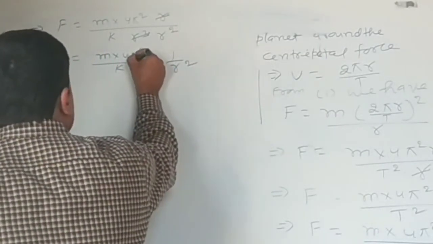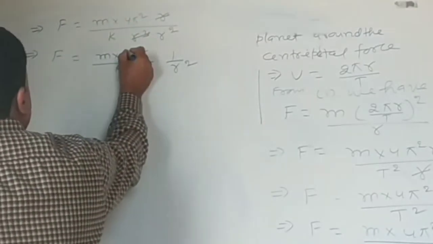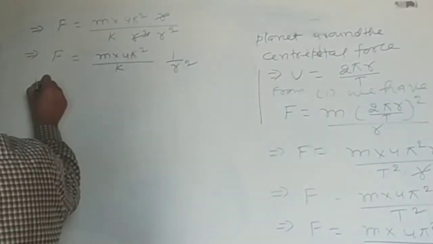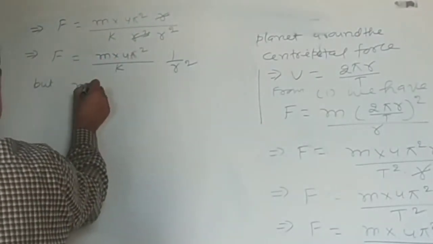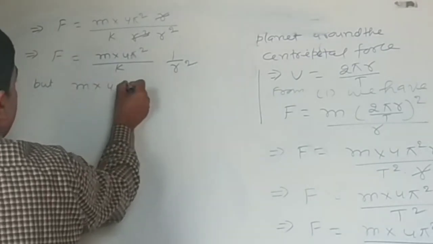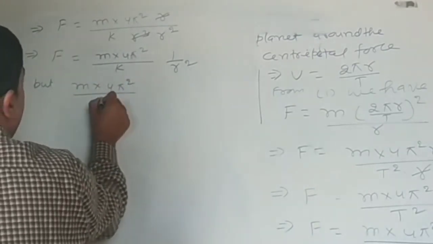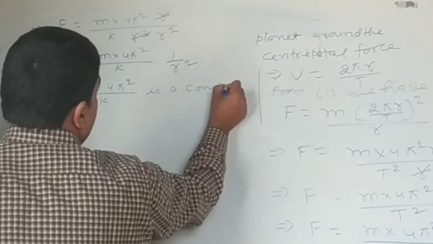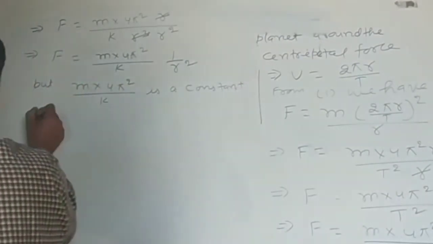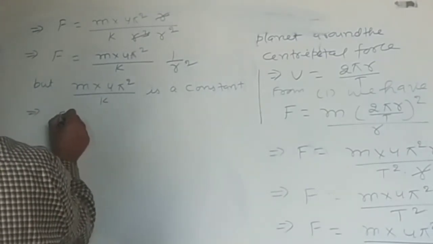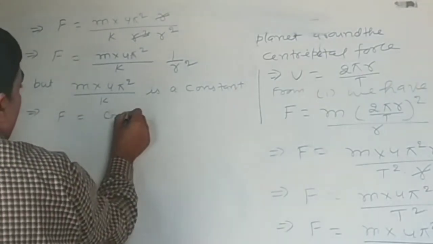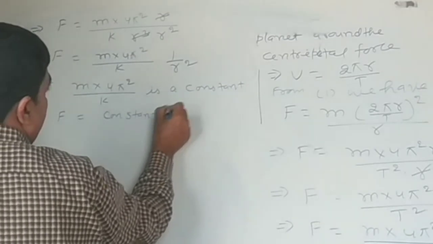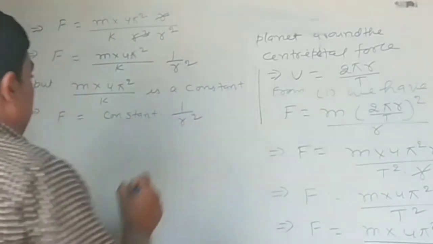Okay? But m into 4 pi square upon K is a constant. Okay? Therefore, F is equal to constant into 1 by r square.